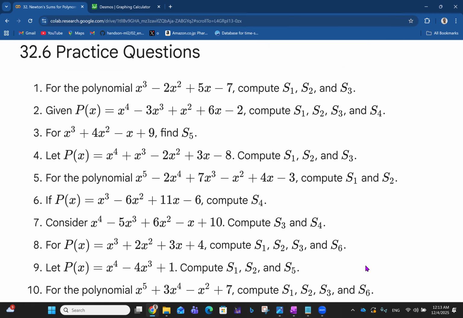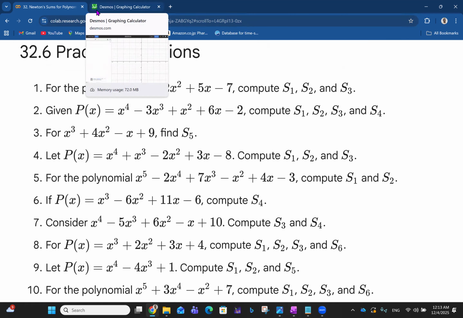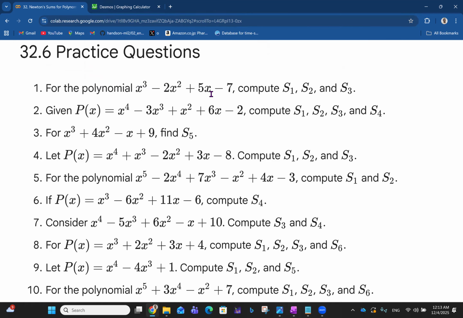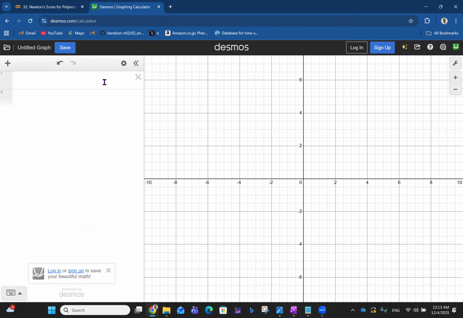I also like to practicalize the example, so let me see if all the roots are available. I'll try the first one: x cubed minus 2x squared plus 5x minus 7. If all three roots are real, it will be easy for me to test my results at the end of the day.